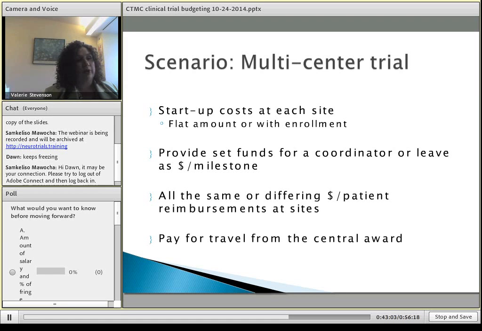So you always want to think about your startup costs. It could be a flat amount for startup costs, or again, you could have where you're providing effort for people. With our group, many times our startup costs are milestone based, where we provide a certain amount of funds to conduct the activity. So when we're thinking multi-center trials, we need to think about startup costs.